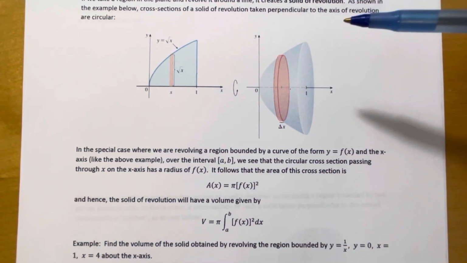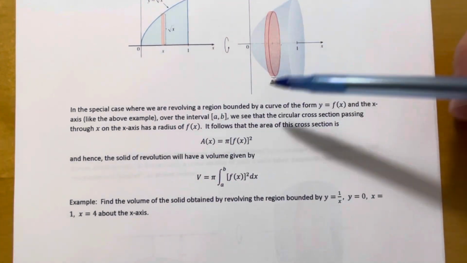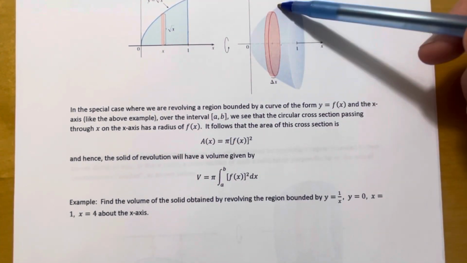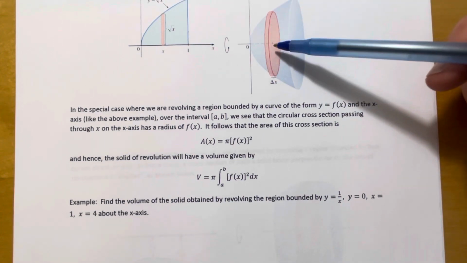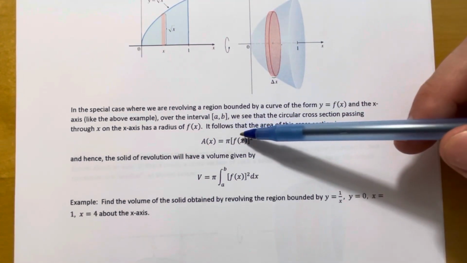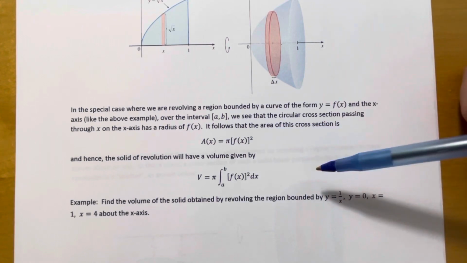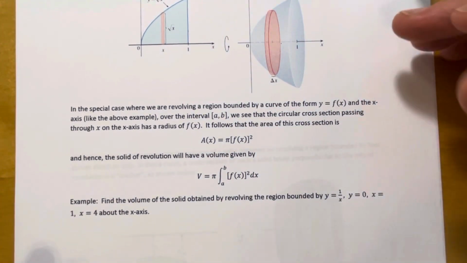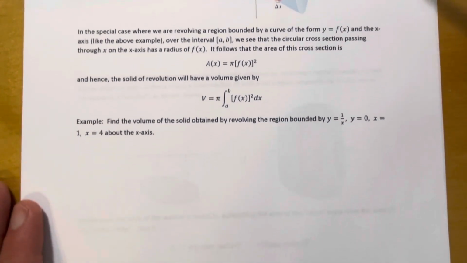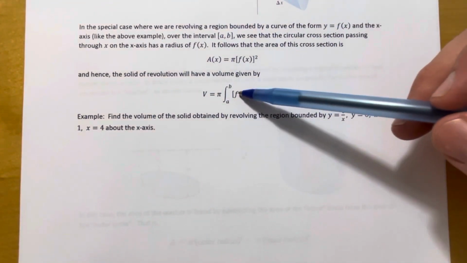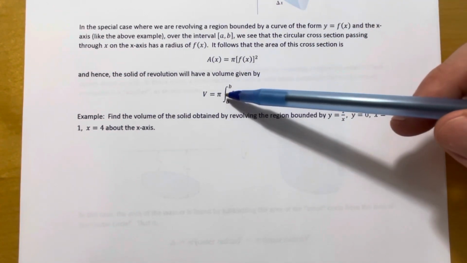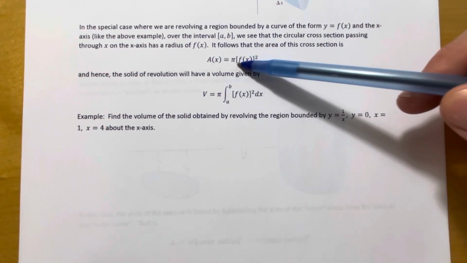That's our radius. So that means that the area formula for this cross-section, this two-dimensional cross-section I should say, is pi times f of x squared. Again, that f of x is the radius. So if I want to use my cross-sectional area formula from the previous video, the volume of this solid is going to be the integral of this function.